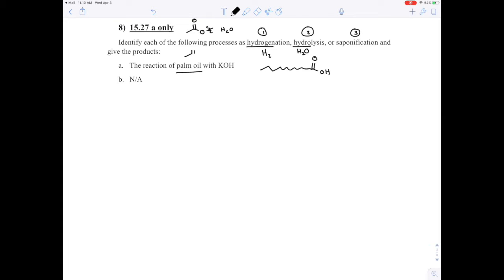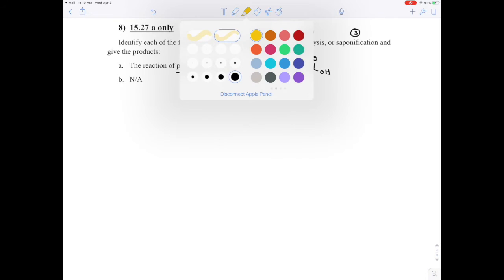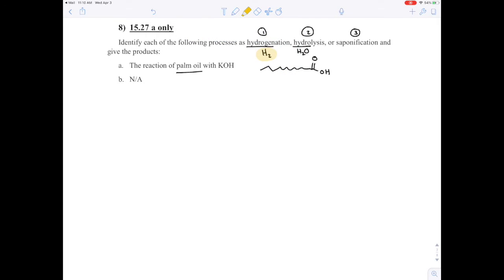So that was hydrolysis. So we'll recognize hydrolysis because water will be present. We'll recognize hydrogenation by hydrogen being present. We'll recognize hydrolysis by water being present.